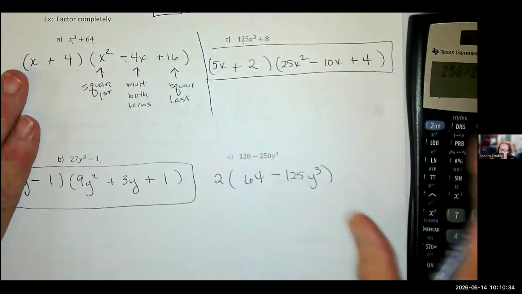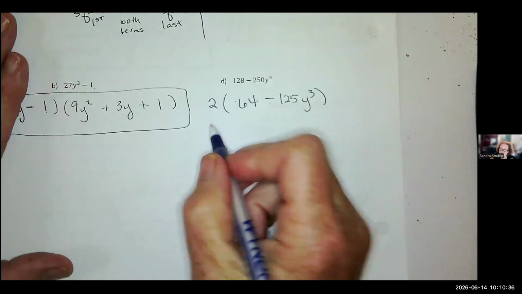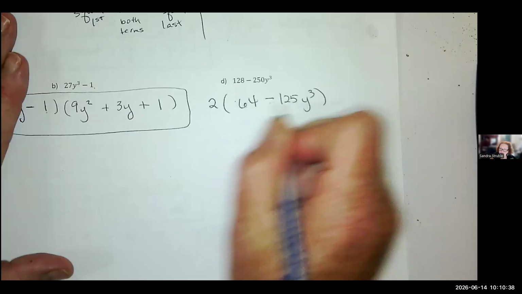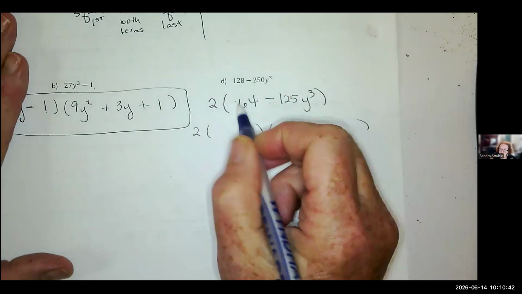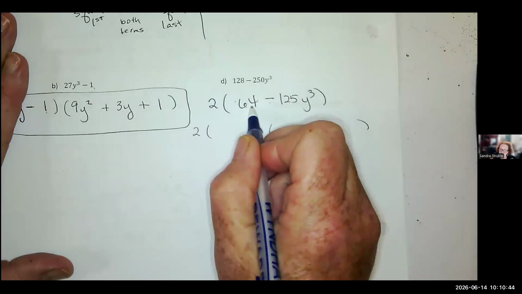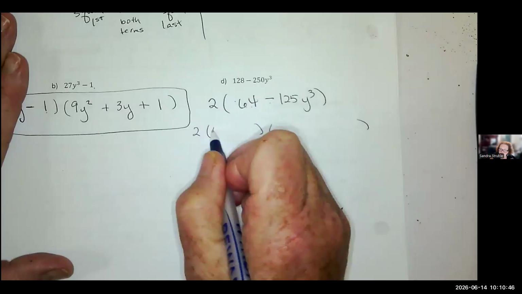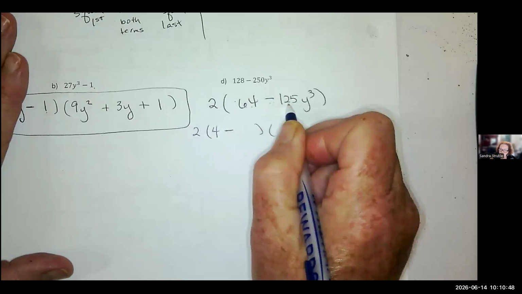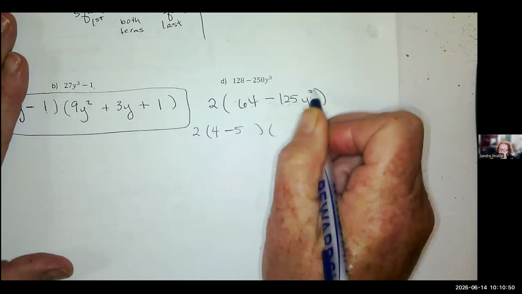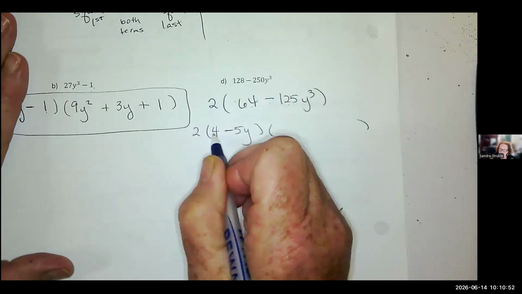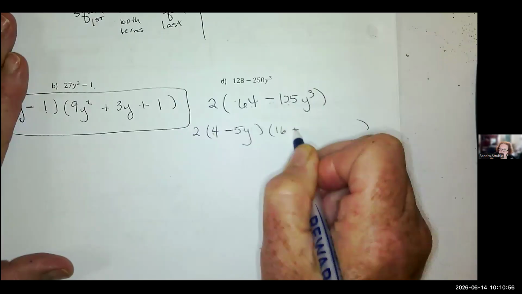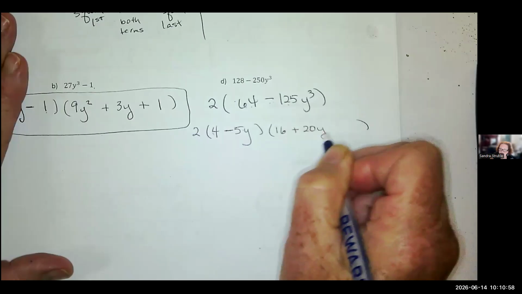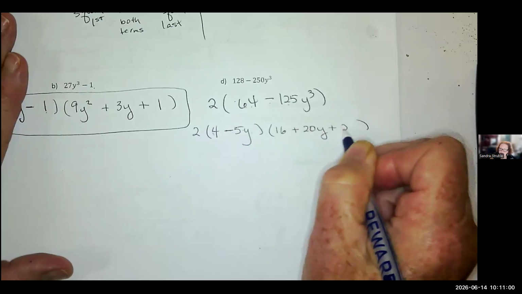So I'm going to do the difference of two cubes. Cube root of 64 is 4, minus cube root of 125 is 5, cube root of y cubed is y. Square the first, multiply them together, square the last. Don't forget your y squared.